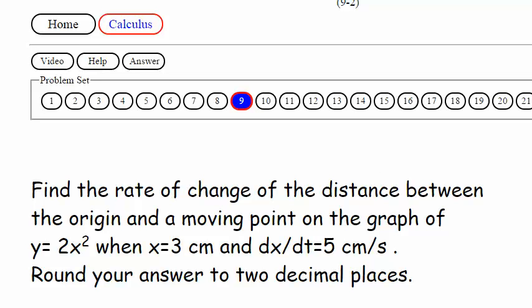Okay, so let's move over to the whiteboard. Wait a minute, I want to make sure my number's right. y equals 2x squared, x equals 3, and 5 centimeters. All right, looks good. So we're going to start with y is equal to... So hopefully you watched 9-1.